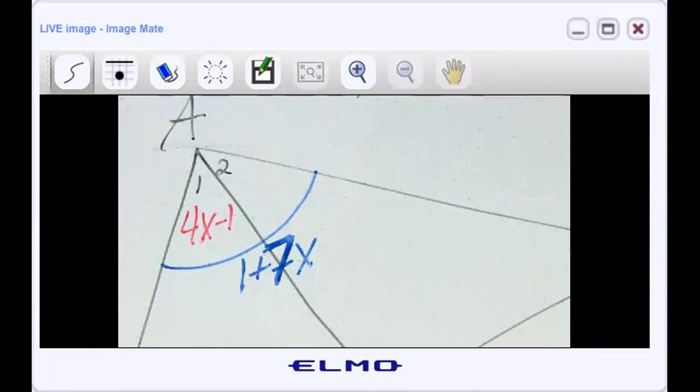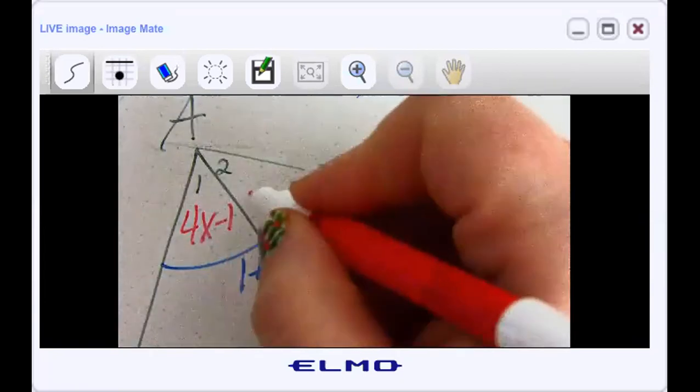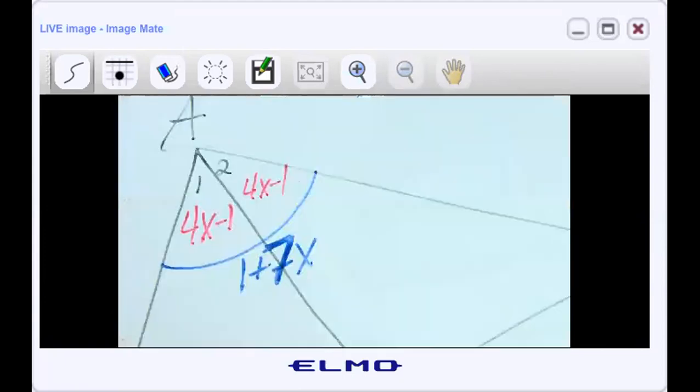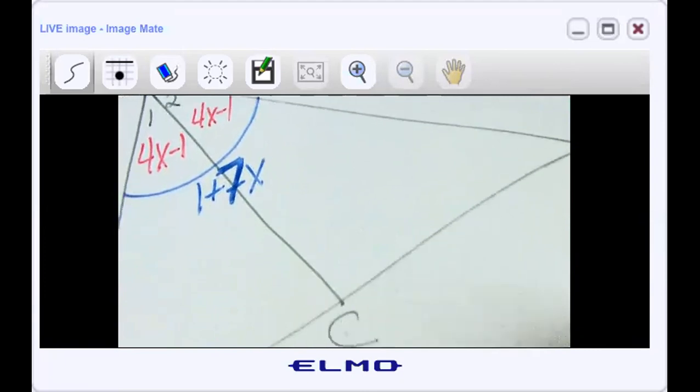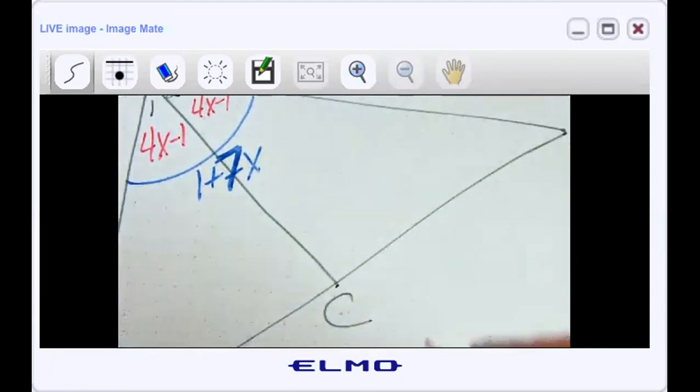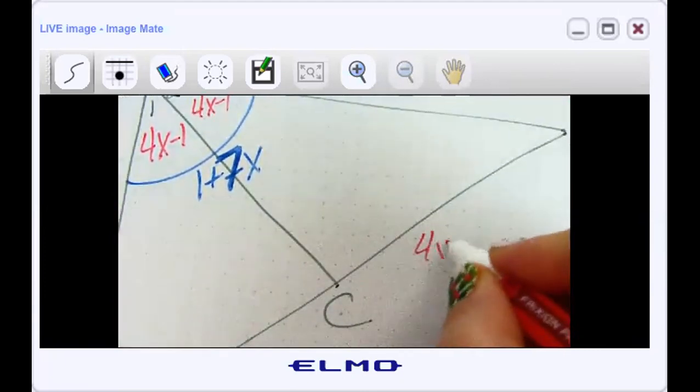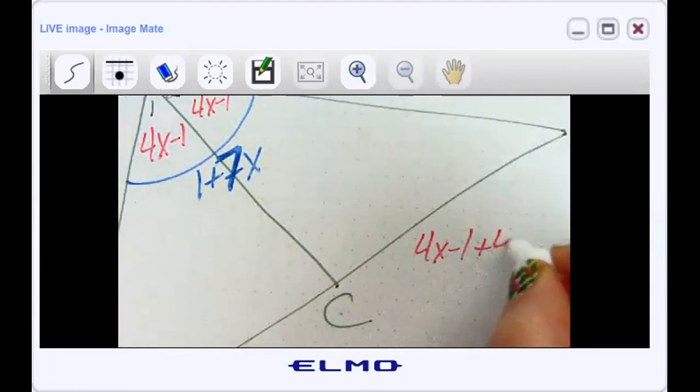Okay, seems like those of you that get it, get it. The rest of you, I have no idea because you're not sharing any answers with me. So yes, if that's 4x minus 1, this one is also 4x minus 1. And then I can write my equation accordingly. So I want both angles 1 and 2 together, 4x minus 1 and another 4x minus 1.